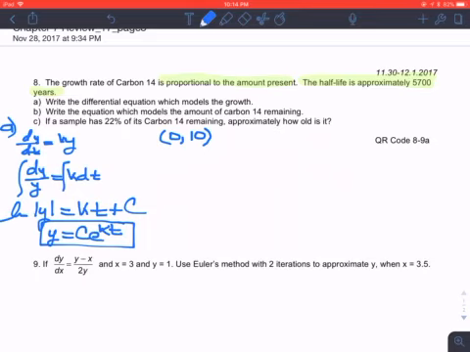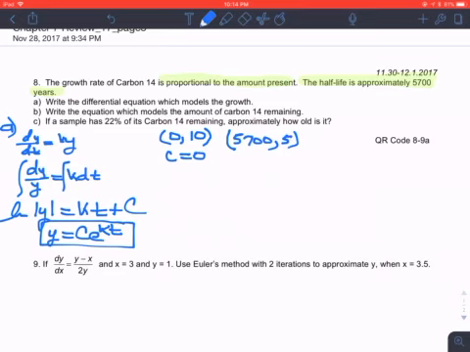So that means C is 10. Okay? So now we're going to use the half-life and go find k. So the second point we're going to use is at 5,700 years, half of it remains, so we're now only going to have 5.